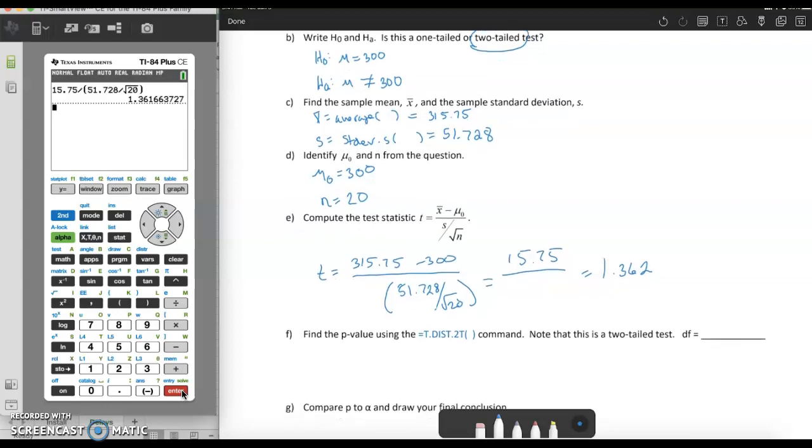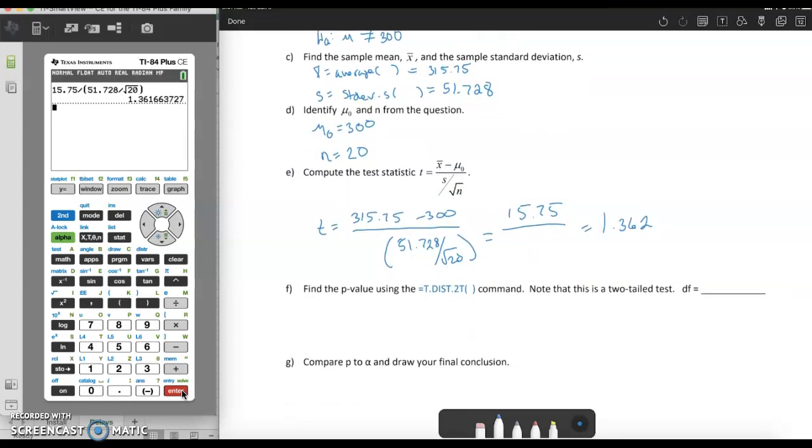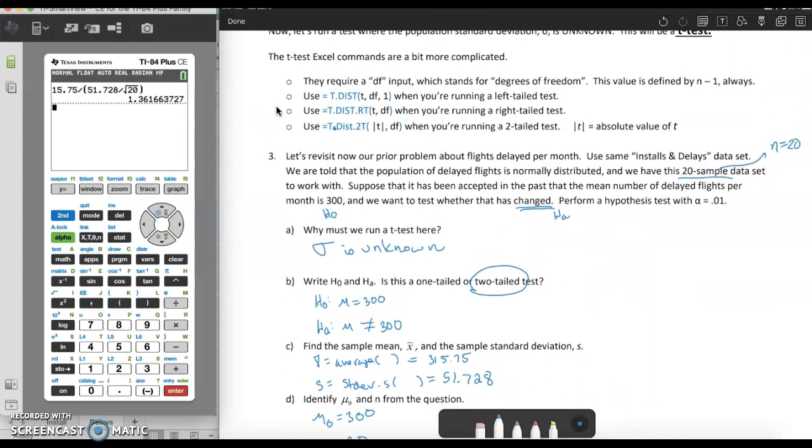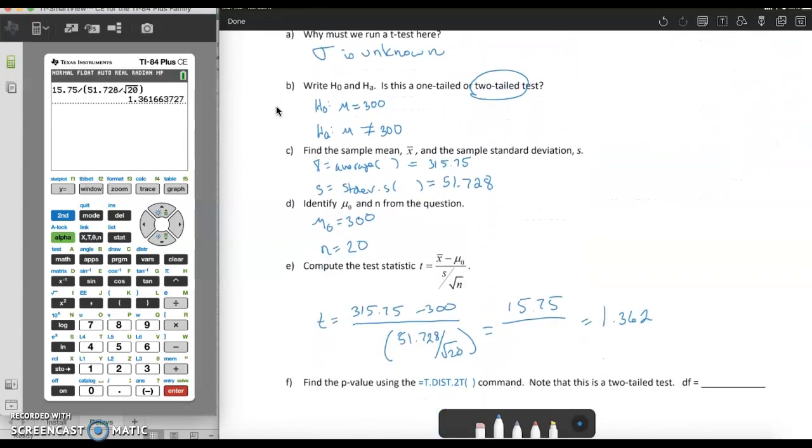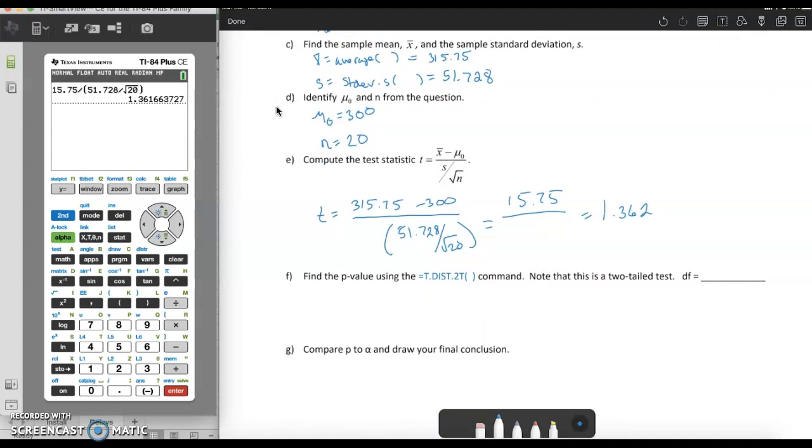Right, and now I'm ready to go into Excel to actually find this p-value. We're going to use, because it's a two-tailed test, the equals t.dist.2t command. And if we remember from what we were told, what that accepts is the absolute value of t and the degrees of freedom. So in our case, the t-value already was positive, so I don't need to change that at all. But I do need to think about what is my degrees of freedom.